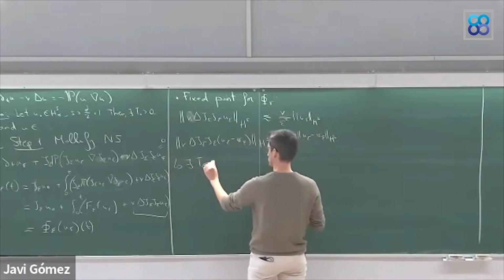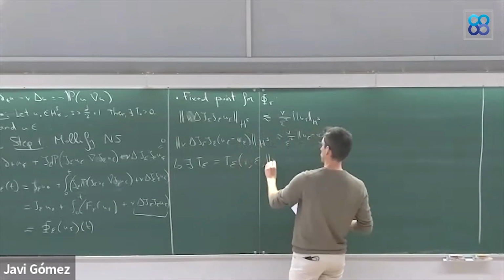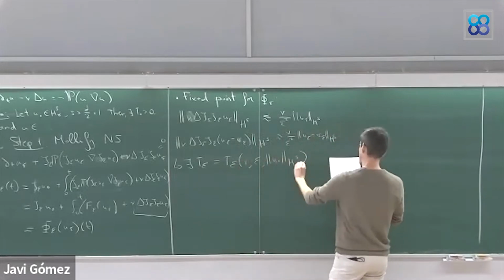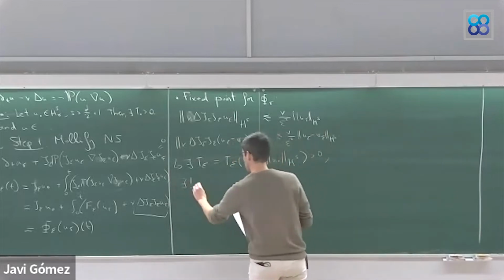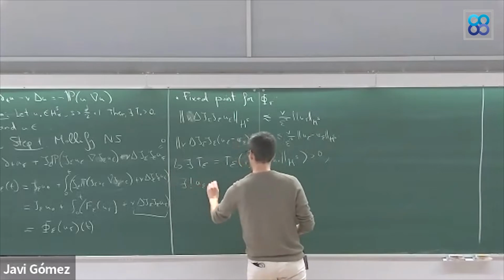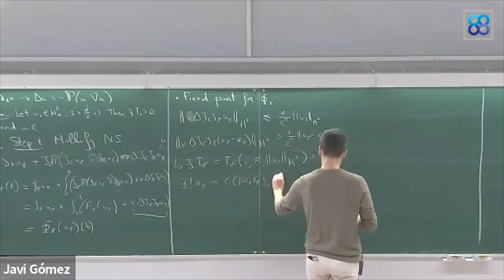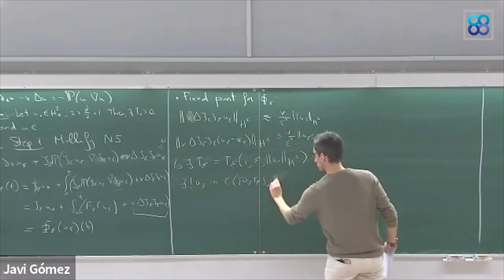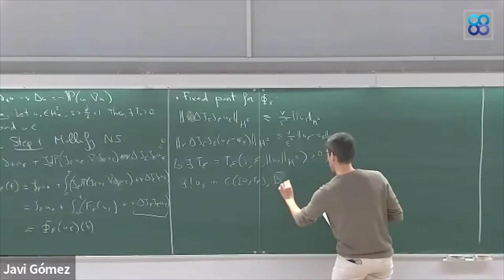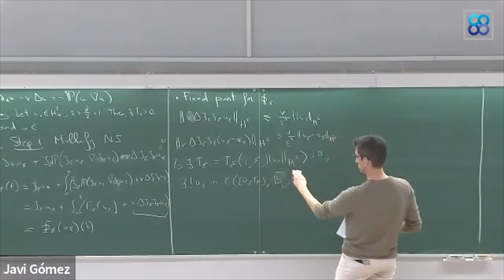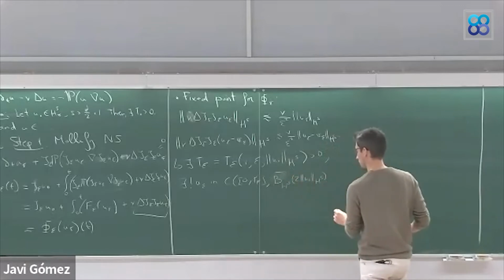We can choose the time T epsilon sufficiently small depending on nu, epsilon, and the norm of the initial data. And we find a fixed point u epsilon in the ball of radius R, and in particular, the other day we showed that we can take the ball of size twice the one of the initial data.